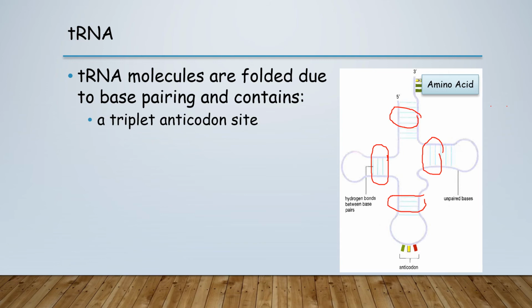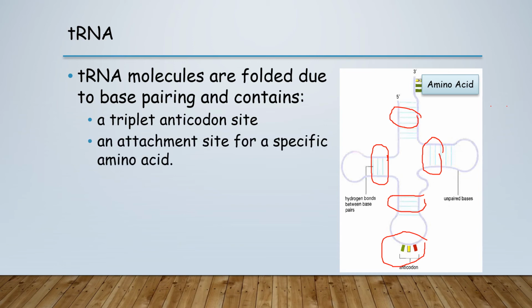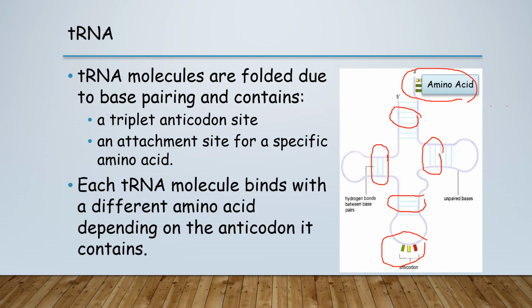It also contains a triplet anti-codon down here at the bottom, which, as we said before, is complementary to the codon on the mRNA molecule. It also contains an attachment site for a specific amino acid. And each tRNA molecule binds with a different amino acid depending on the anticodon it contains.